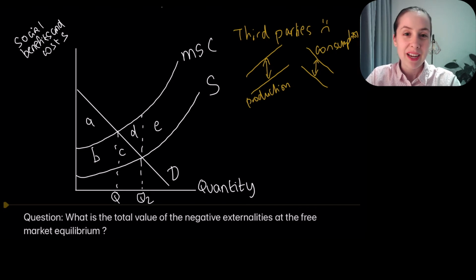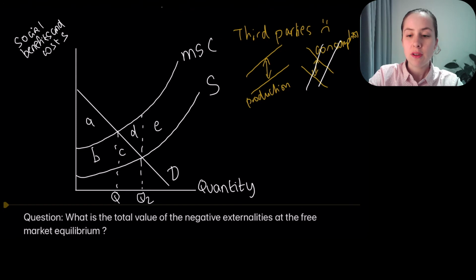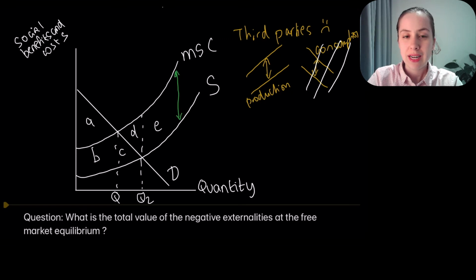Now they're being really vague because they haven't told you whether it is consumption or production. But you know from this graph that there's no split in the consumption, so it's not going to be a consumption externality. And you know from what we've discussed that the externality that each unit has is this bit here.